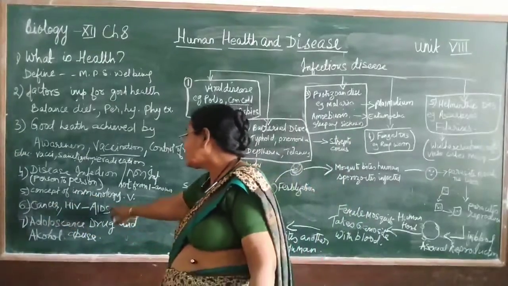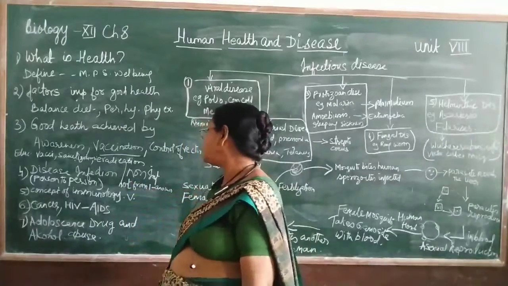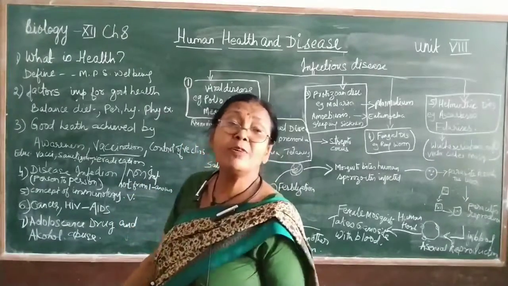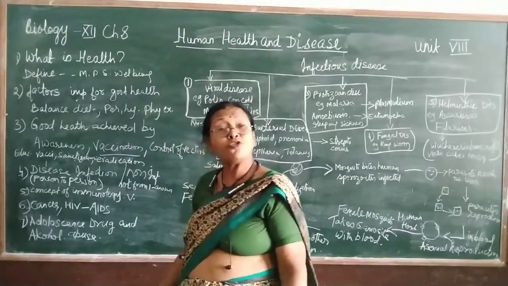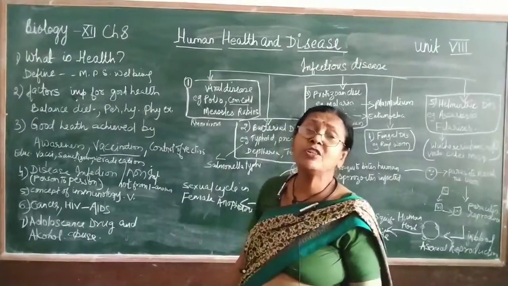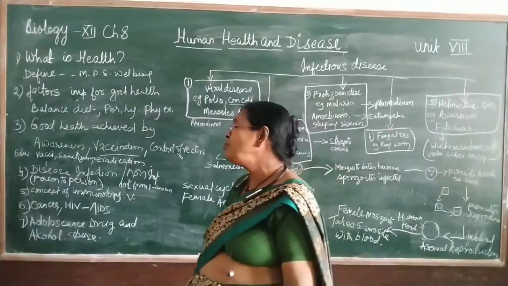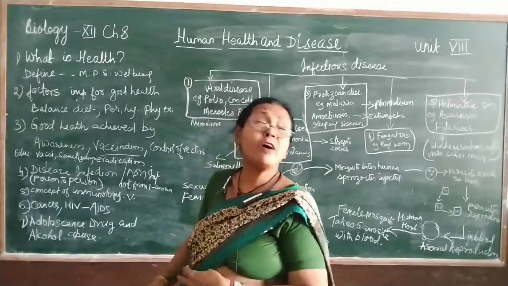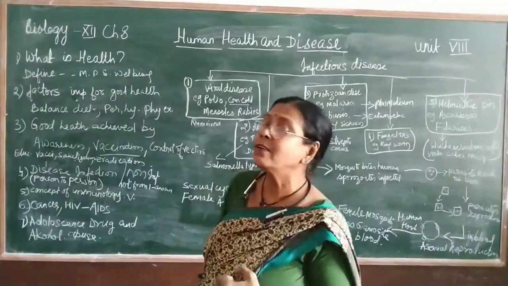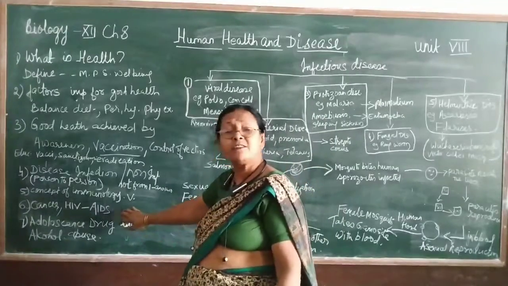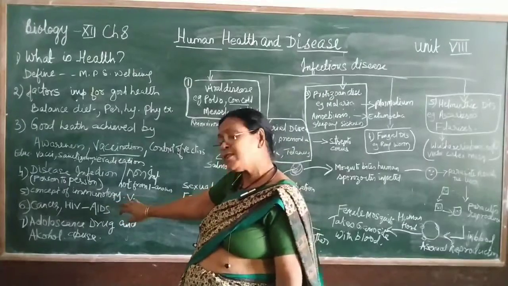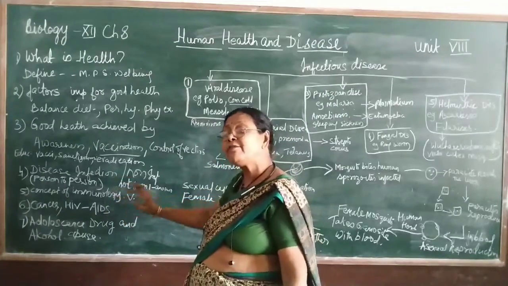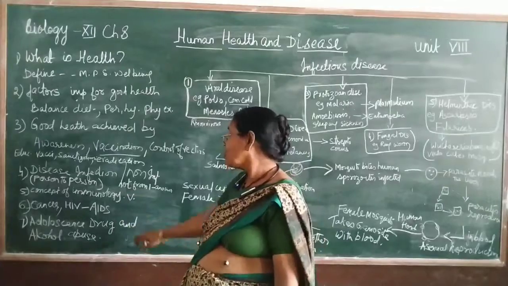So, what is AIDS? AIDS is a condition where our body has lost all its immunity. Immunity means our body has become so weak that we cannot fight any diseases, bacteria, or viruses that have entered our body.